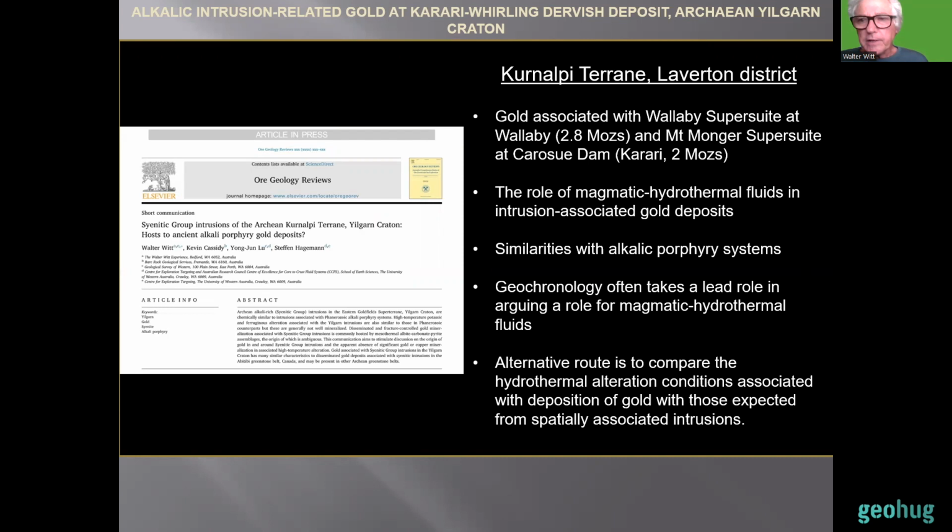Suitable minerals for dating are not always present, and in this case, Karari-Whirling Dervish being one of them, an alternative route is required, and the route we have taken in this presentation is to compare the hydrothermal alteration in the mineralisation with the hydrothermal alteration that might be expected to be caused by fluids emanating from the associated intrusion.